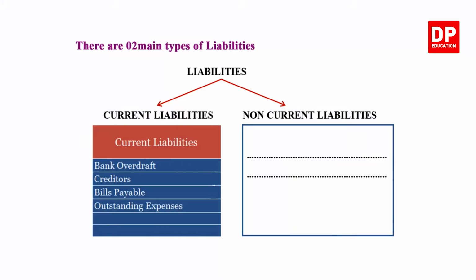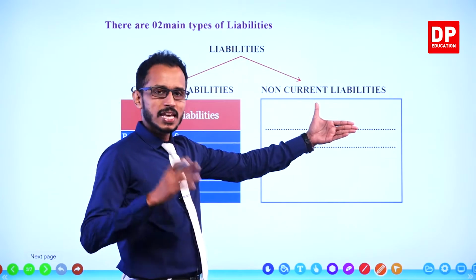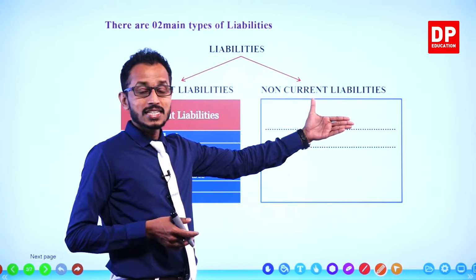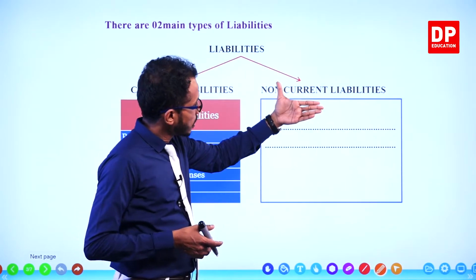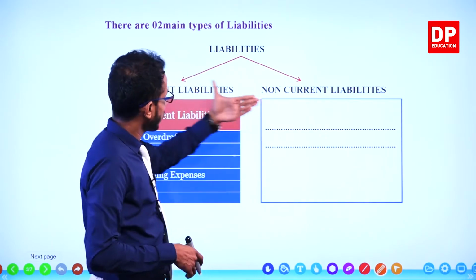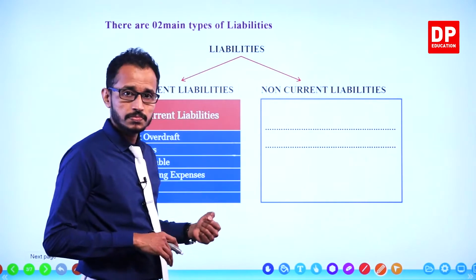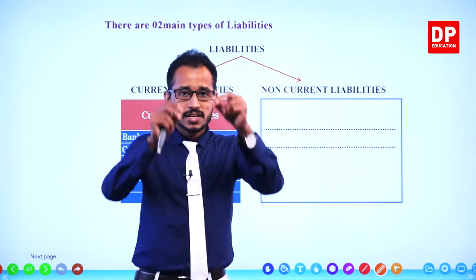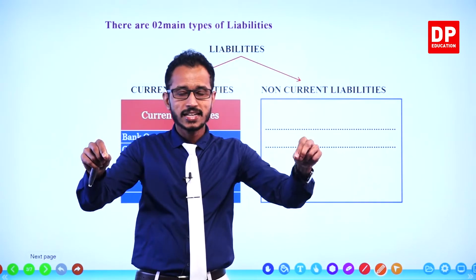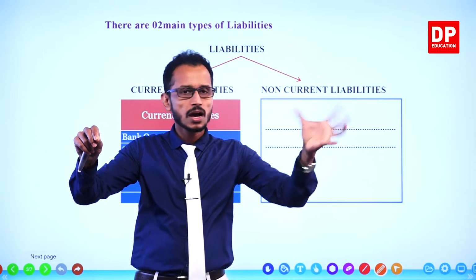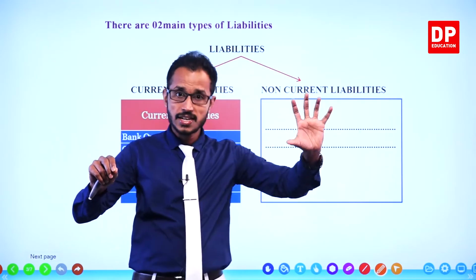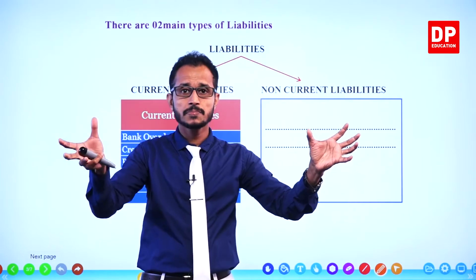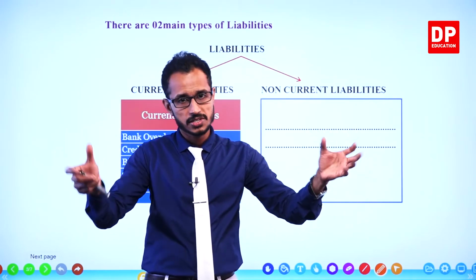Moving on, let's look at what the liability categories are. As you can see, it is the same categorization as the assets categorization. We have non-current liabilities and current liabilities. Liabilities are categorized into two main groups.